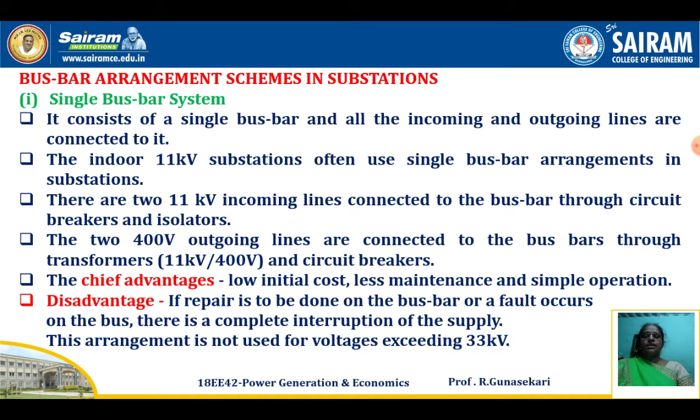Because we use only a single bus, any problem on the bus means complete interruption of the supply. This arrangement is not used for voltages exceeding 33 kV. So above 33 kV we never choose the single bus bar arrangement in a substation.